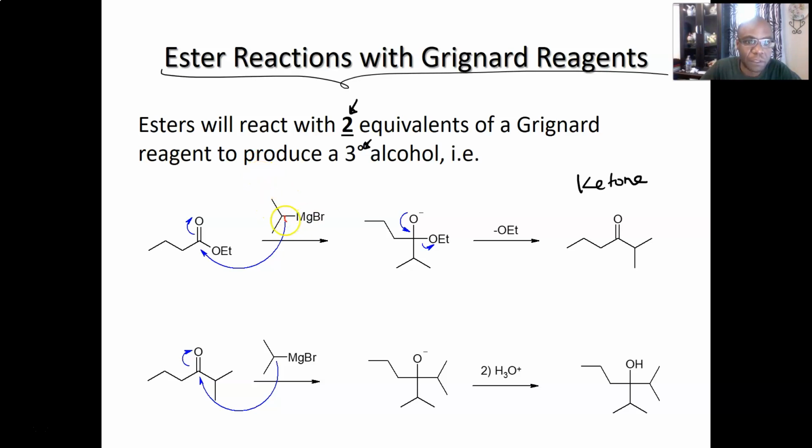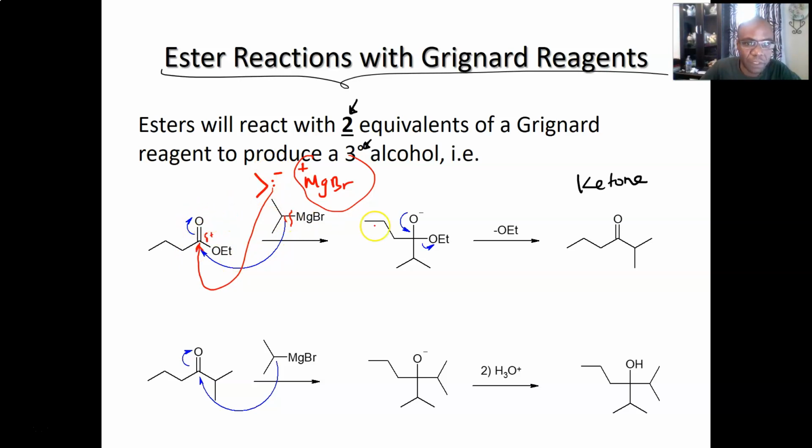So remember what I said about Grignard reagents. If you have a carbon and a metal, assume that you just break this bond and make that carbon negatively charged. Magnesium bromide just becomes a spectator counter ion. So we can start pushing from this bond, and we can still do the same thing here. You're adding your isopropyl onto the carbonyl of the ester.